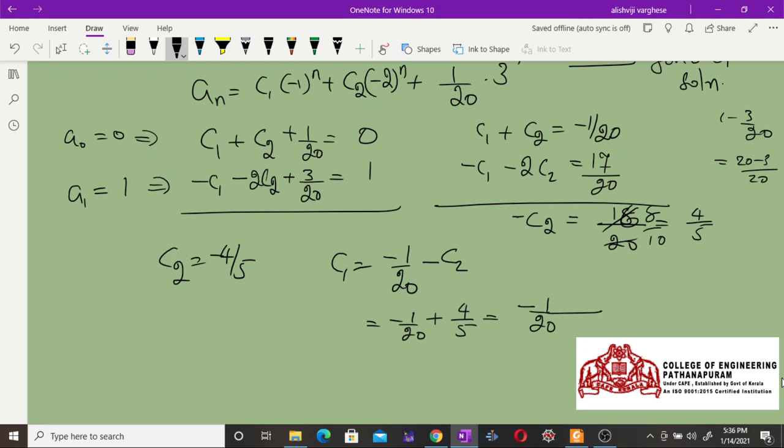Then we can take 20 as the LCM, so it is plus 16, which is 15 by 20, equal to 3 by 4. So the solution is c1 is equal to 3 by 4 and c2 is equal to minus 4 by 5.